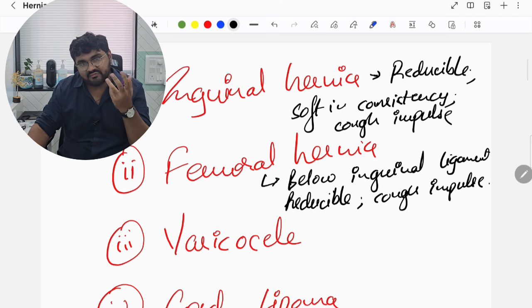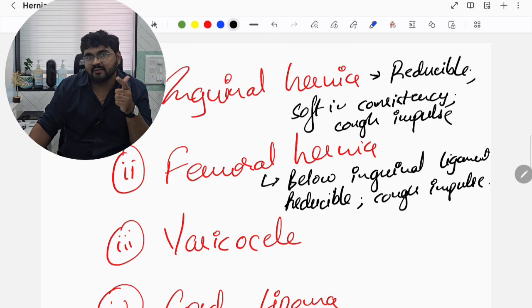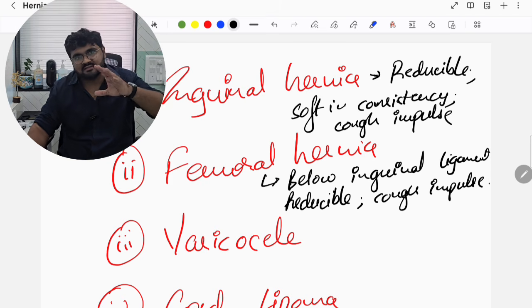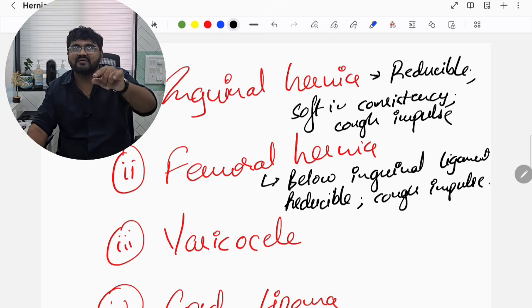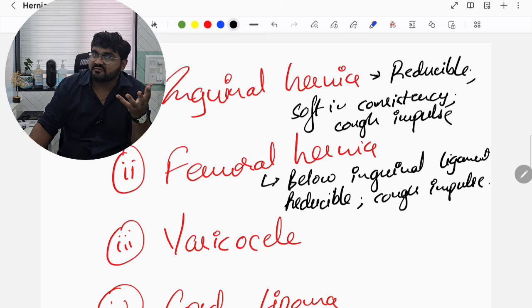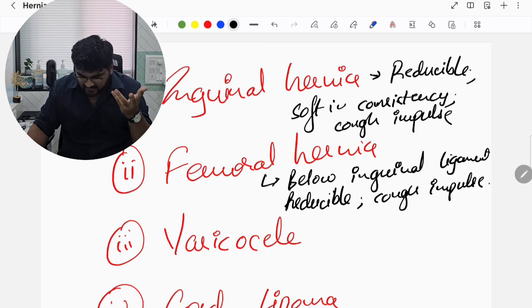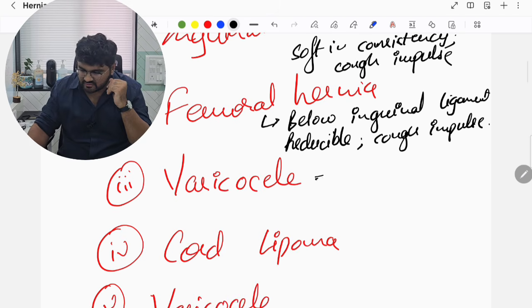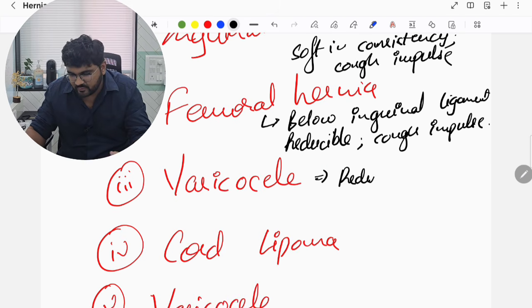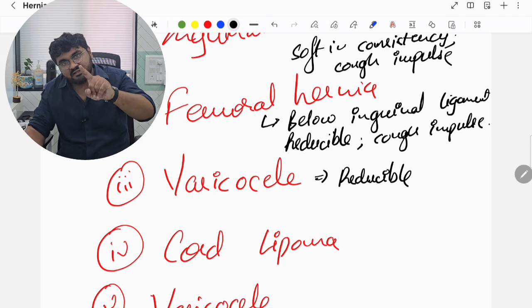Another differential would be, as we discussed, that the inguinal canal has a cord, the spermatic cord, and in this cord we have the pampiniform plexus. In the pampiniform plexus we can have varicocele. So varicocele is another differential diagnosis. How will you differentiate? It is again reducible. It is not compressible, it is reducible.